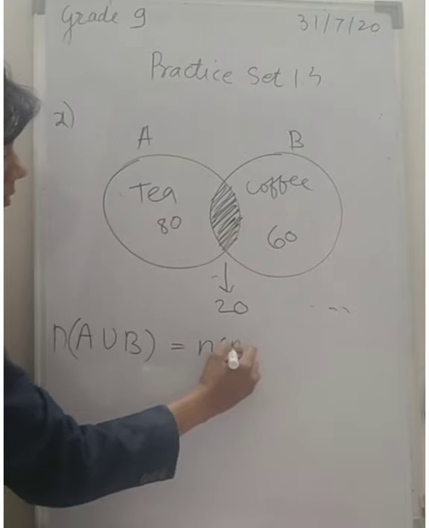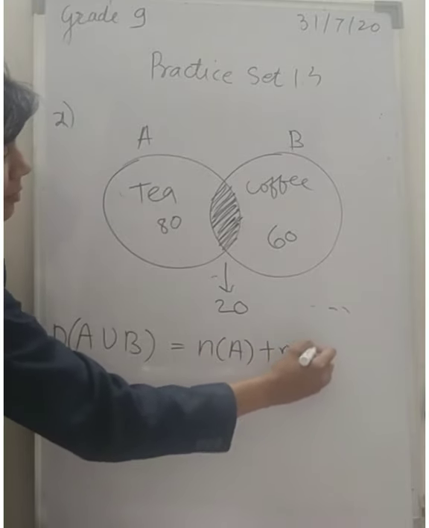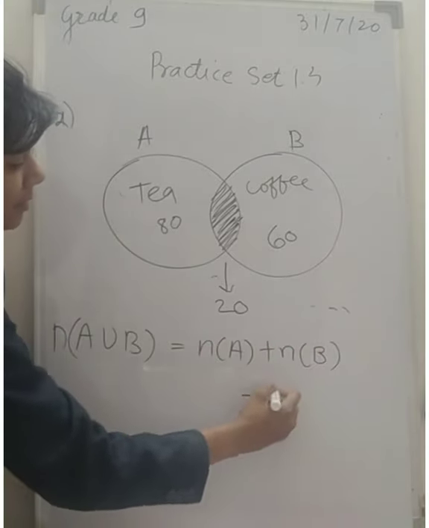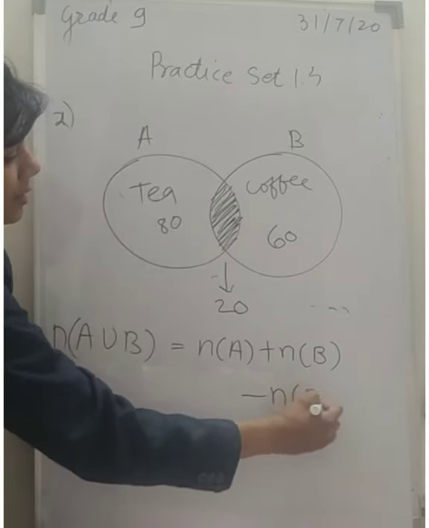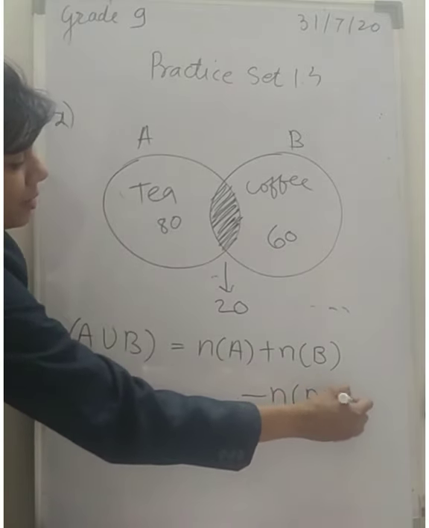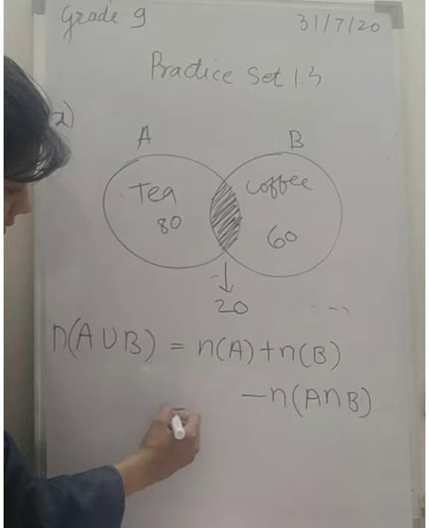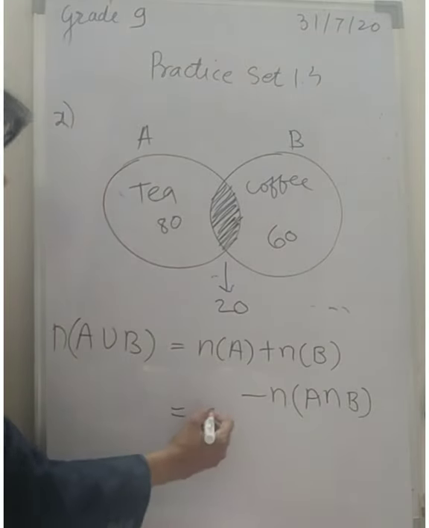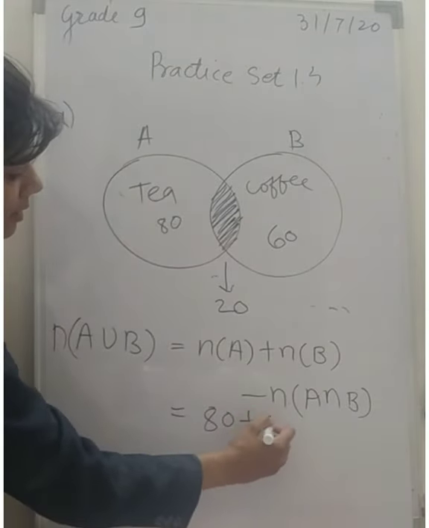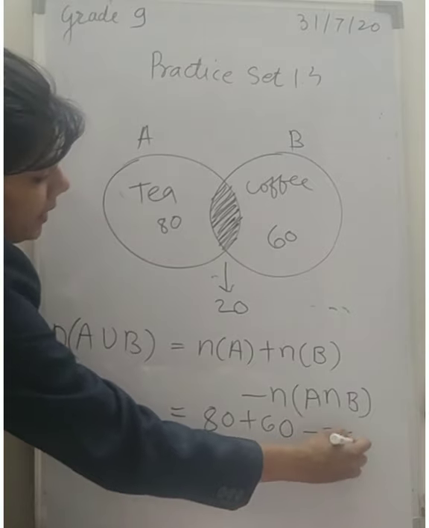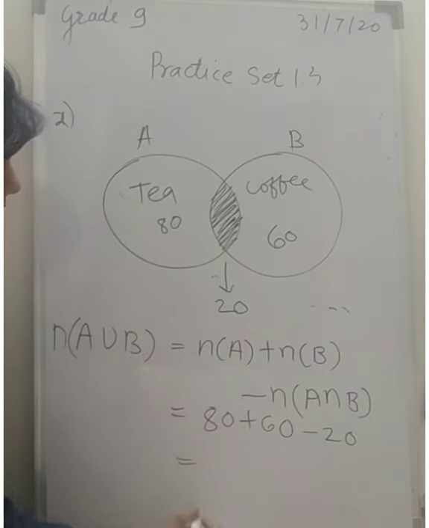The number of students present in A plus the number of students present in B minus the number of students present in A intersection B. So 80 plus 60 minus 20. This will give you 120.